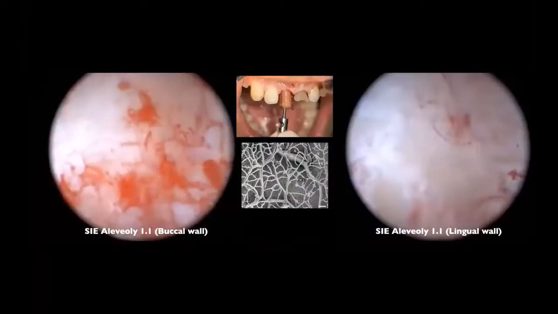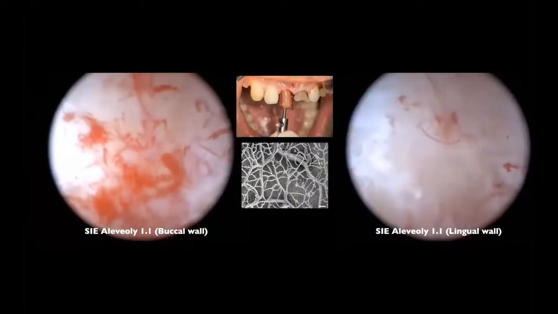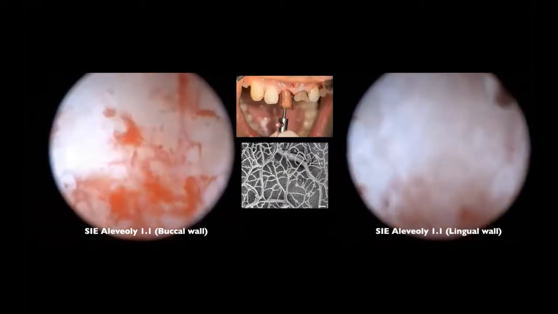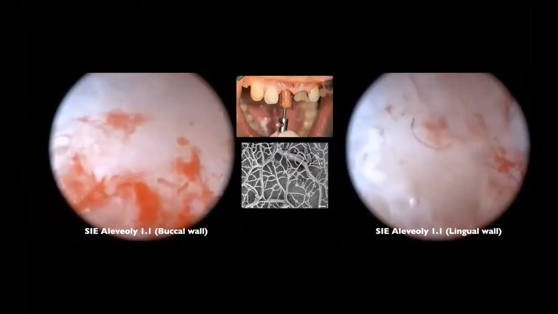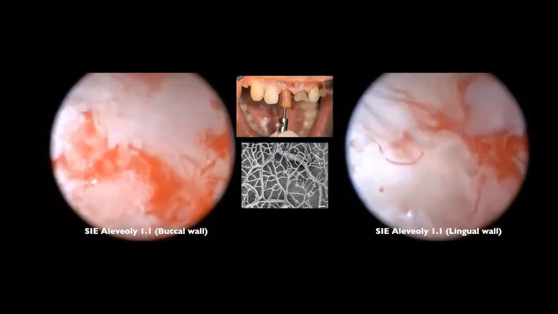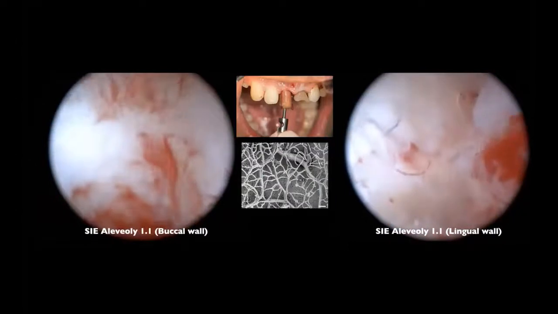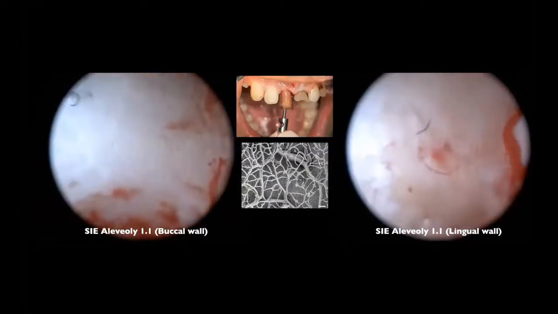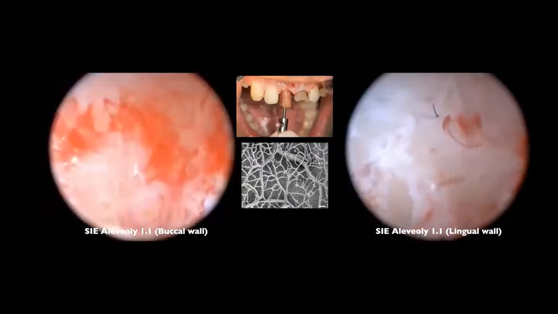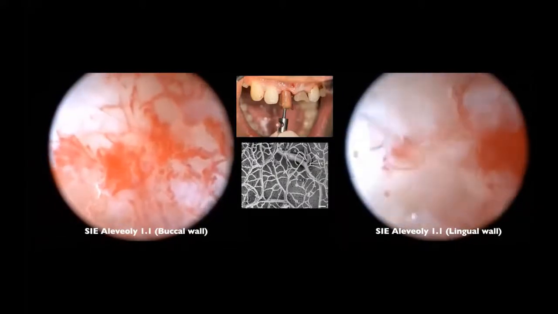In this case, we have performed an immersion endoscopy immediately after the extraction of the root, previous to the curettage of the socket. By using this high magnification technique, we can appreciate the presence of blood plexus and the activity of the vascular microcapillaries, arterioles and venules that emerge from a vascular canal of at least 50 microns diameter.